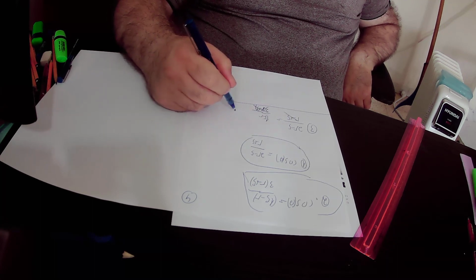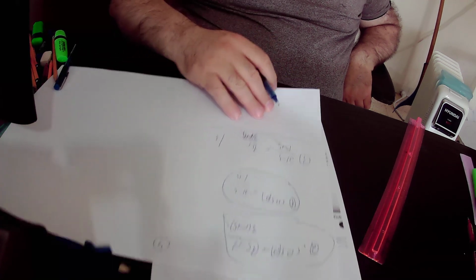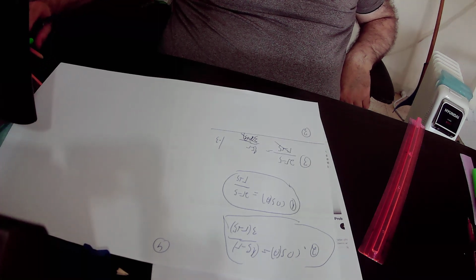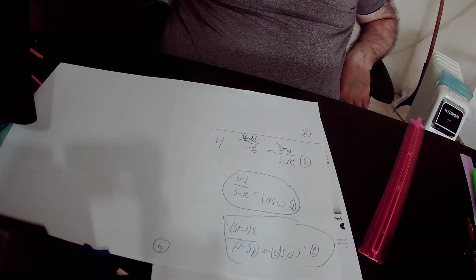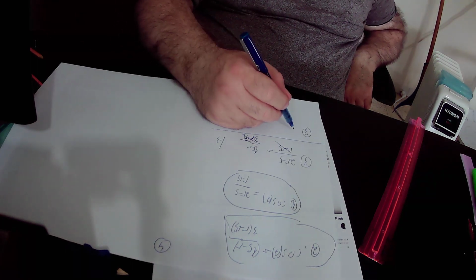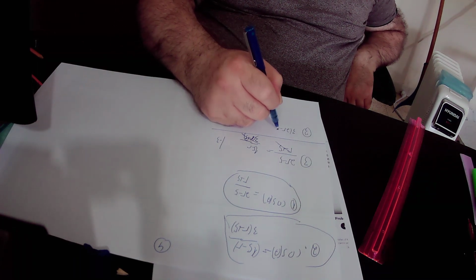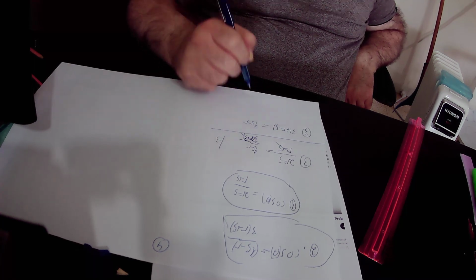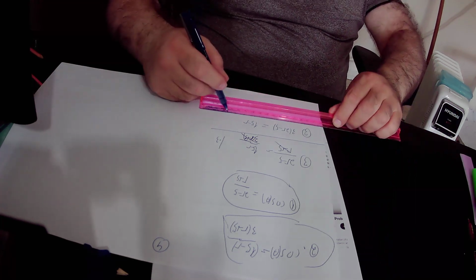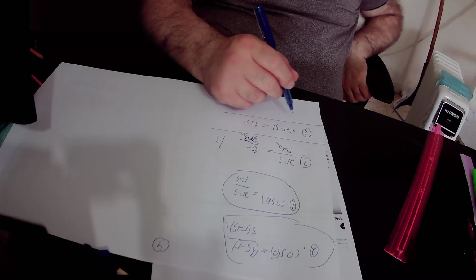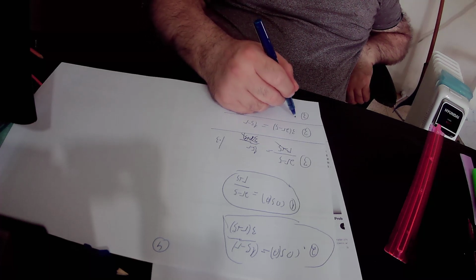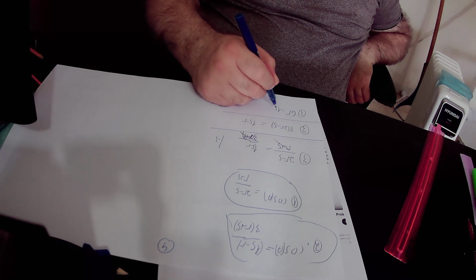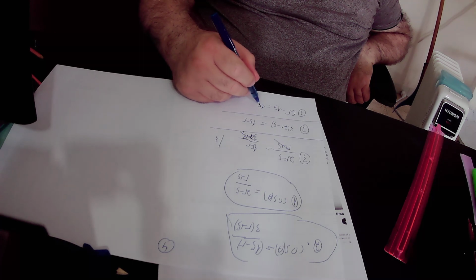The next step we will multiply equation number 3 by 3, and we get 3 times (2r minus 5) equals 15 minus r. We will open the bracket on this side of the equation, and we will get 3 times 2r is 6r, 3 times minus 5 is minus 15, and it is equal to 15 minus r.